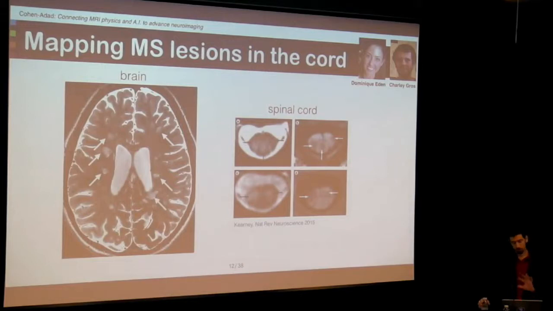I want to move into another application, which is mapping of multiple sclerosis lesions in the central nervous system. So what you can see on the left is a brain scan from a 7T scanner showing clear white matter lesions in an MS patient, and similar lesions also happen in the spinal cord, but they have been much less described throughout MRI because it's usually difficult to get proper image quality in this part of the central nervous system.